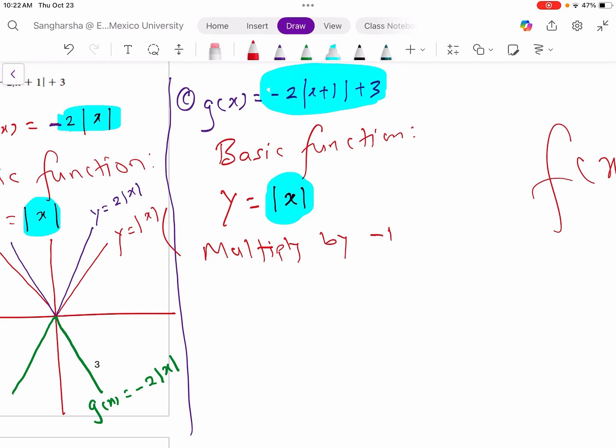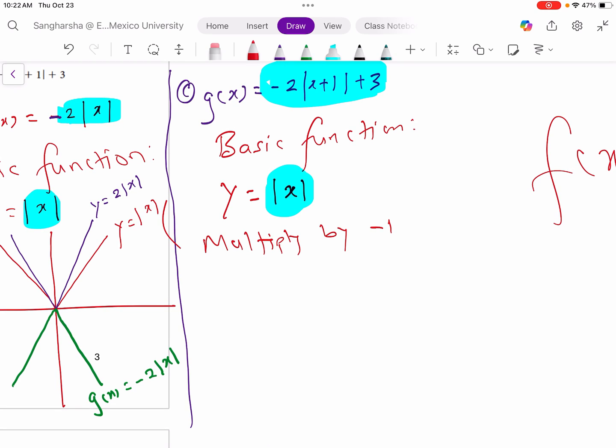If we multiply this by negative 1, we get y equals negative absolute value of x. Now see, we had positive absolute value of x. We want to have this negative. So we multiplied this basic function by negative.